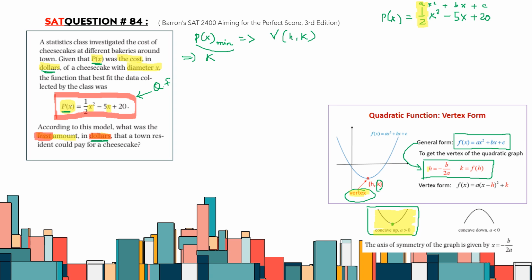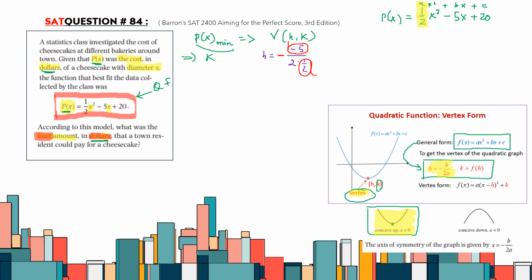Now we use this formula to find x where we have the minimum of P of X. The vertex h is equal to minus b over 2a. b is -5, so minus b is 5, over 2 times 1/2. It's easy to make a mistake here: this is b, this is a.